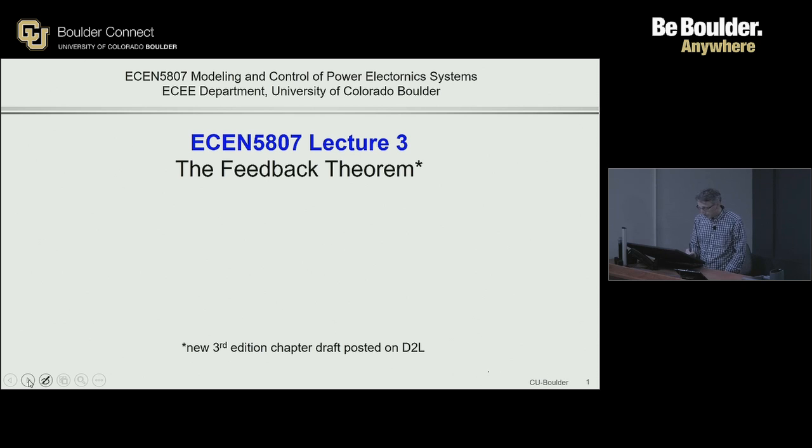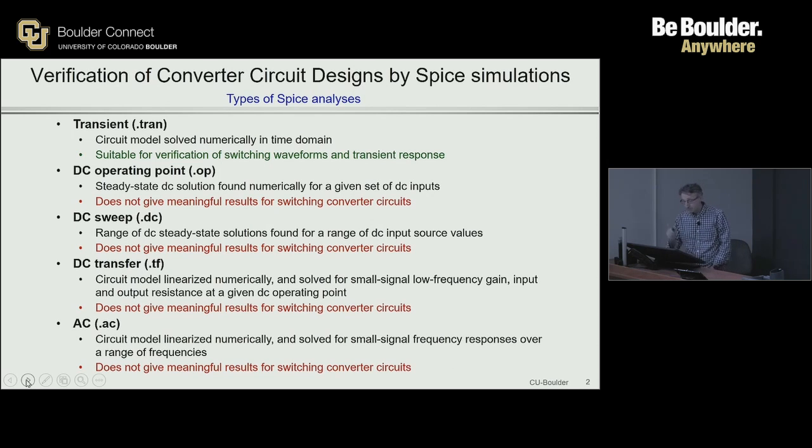Before we launch into the feedback theorem topic, from last time, I want to wrap up this quick discussion about the way we are going to use SPICE. In the class, we briefly discussed different types of SPICE analysis last time. One key conclusion was that if we simply model the switching converters as they are, without any averaging or anything else applied to them, then those models are models of time-varying nonlinear circuits.